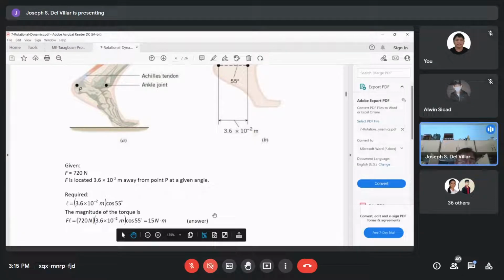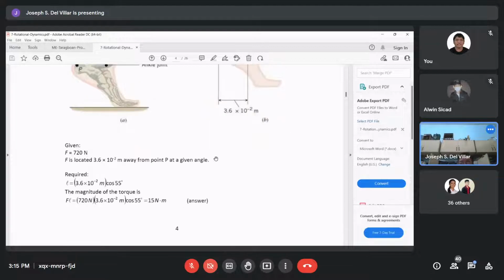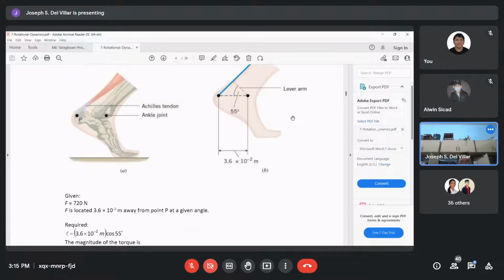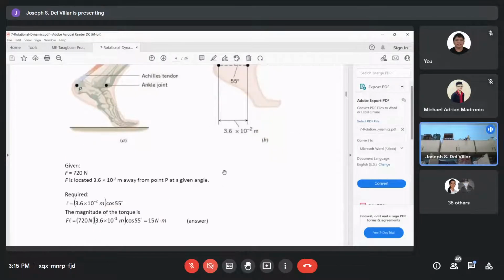Okay? So we cannot use kilonewton because it is not yet in the thousands. Okay, so that is the torque. What's the direction? Look. What is the direction of the torque if the force is going this way? Clockwise, sir. Yes, so it should be negative.